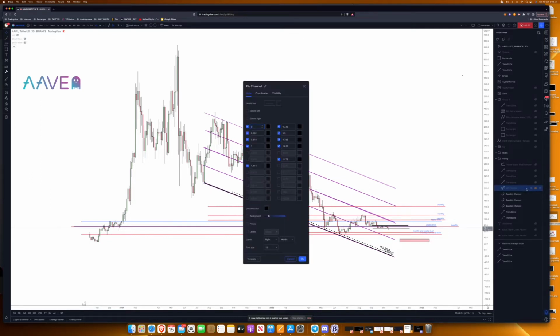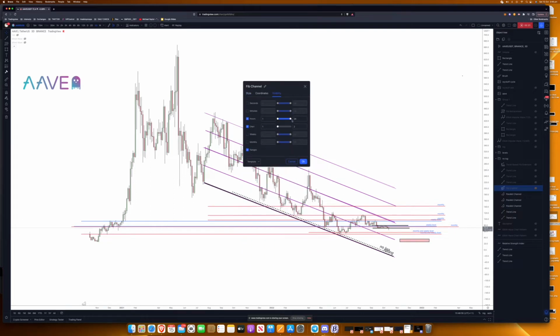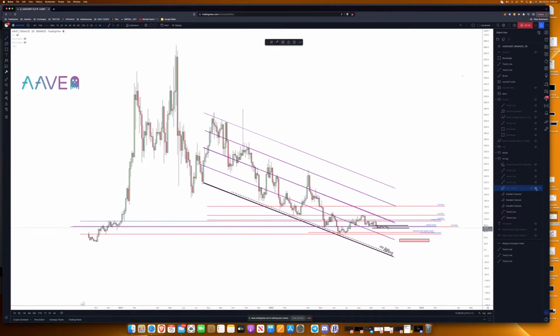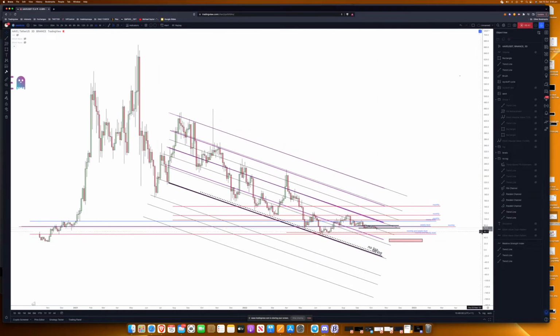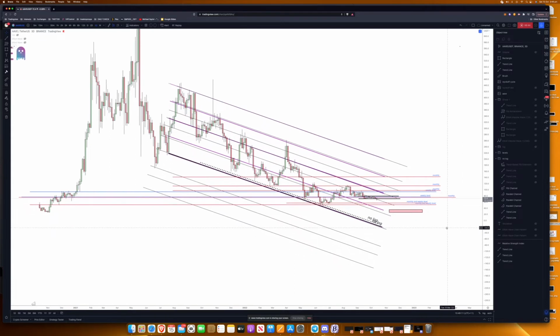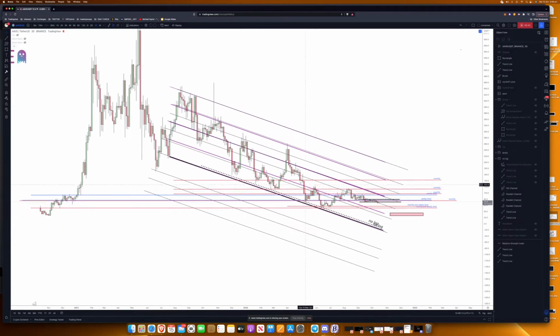And now this looks like a downward channel. If I add this on, as you can see, now we've got more refined details, and it sort of explains points of reference as resistance and support.